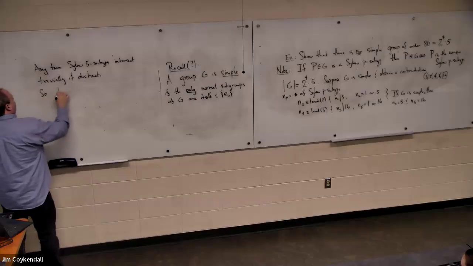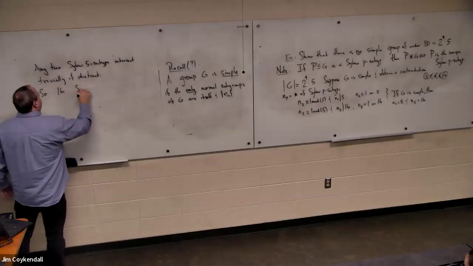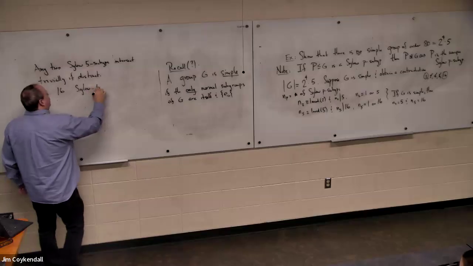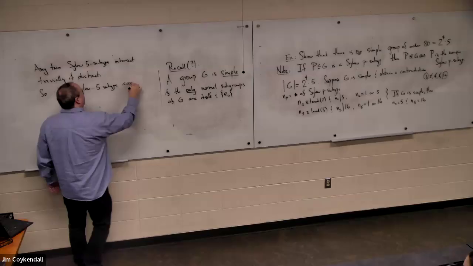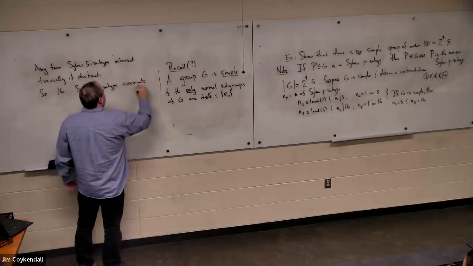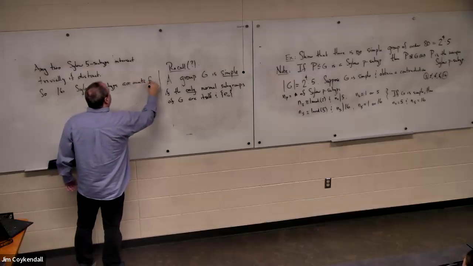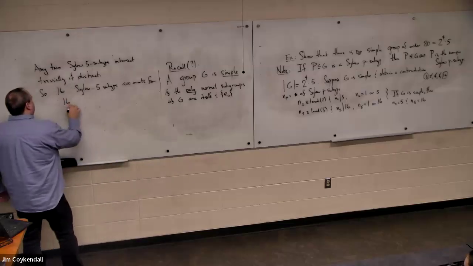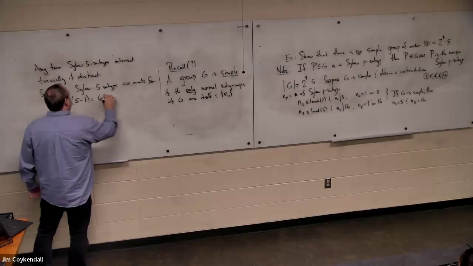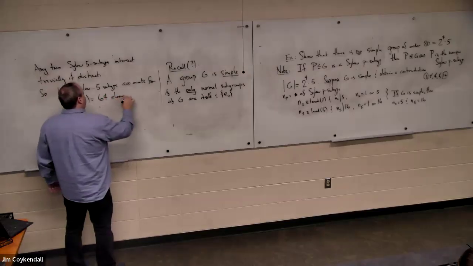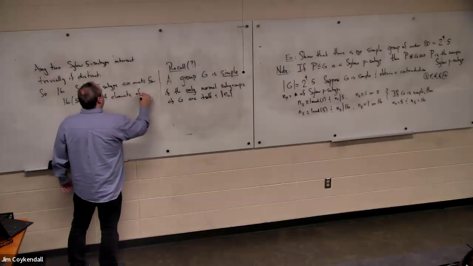So 16 Sylow 5 subgroups accounts for 16 times 4, which is 64 elements of order 5.